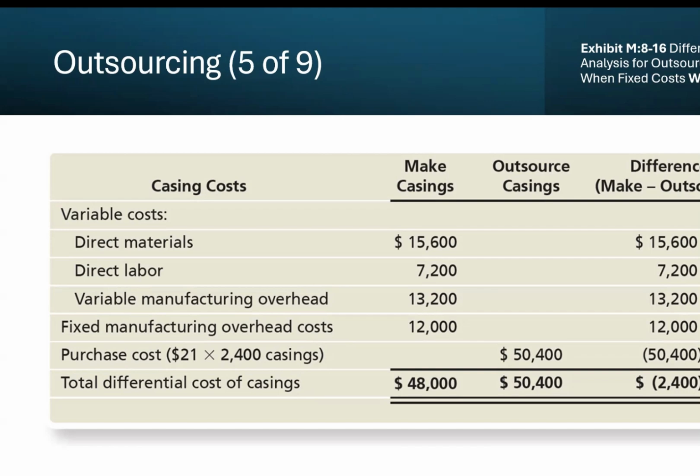In this case, the company would still incur $7,200 of fixed overhead, which is the $19,200 minus the $12,000, if it outsources the casing. Here, the fixed cost becomes relevant to the decision because they differ between alternatives.